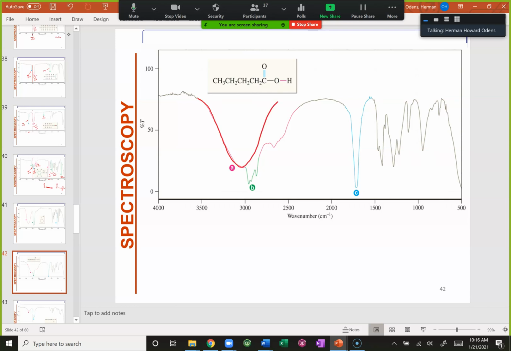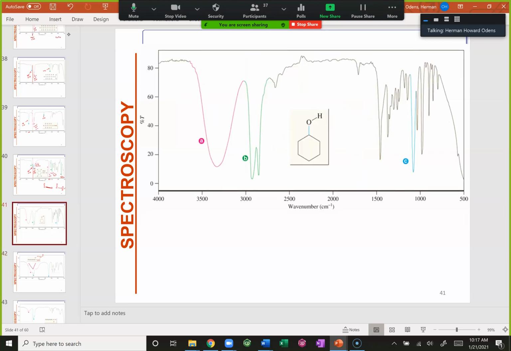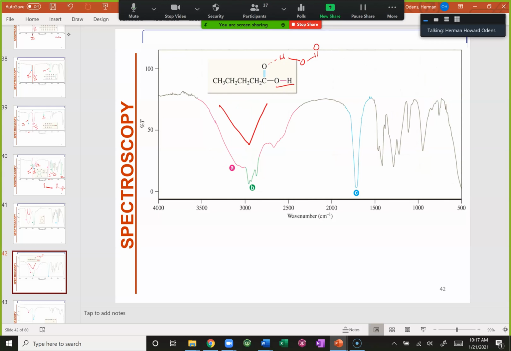And it might go like this, right? For the OH, for this OH. But because you have multiple hydrogen bonding here, then that creates this mess right here. And it starts breaking it up like that. So here's your V shape. And here's your U shape. The U shape is for the alcohols. The V shape is for the carboxylic acids.